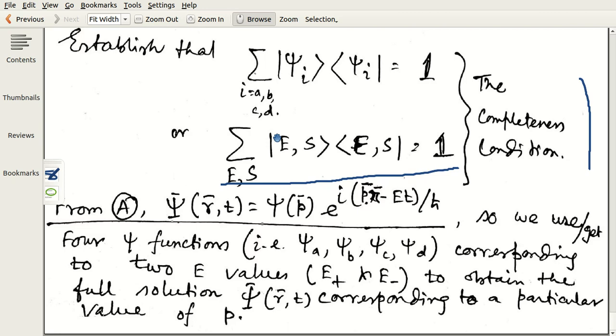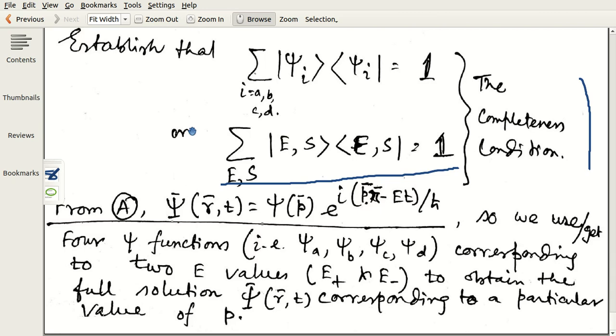H psi equal to E psi, that Hamiltonian, the Dirac Hamiltonian itself, is a Hermitian operator, and so we know that the eigenfunctions of a Hermitian operator satisfy the completeness condition. But if you discard the negative energy solutions, even for a free particle, then the completeness condition is not satisfied.